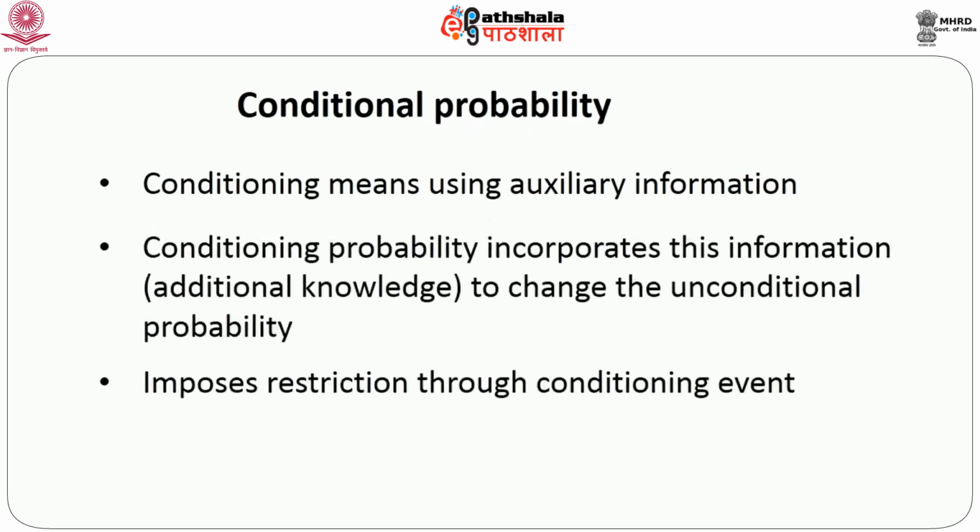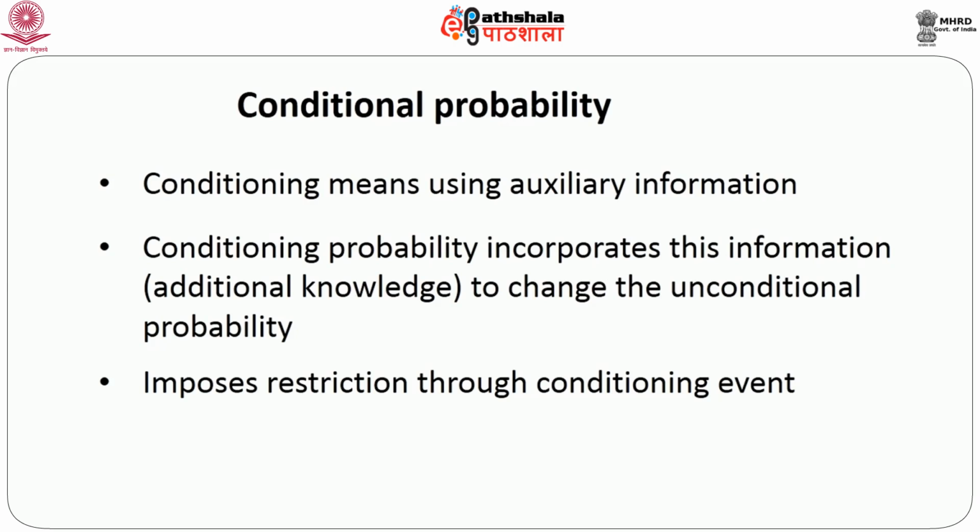So, let us first give an idea of the meaning of conditioning, or conditional probability. Conditioning simply means that we are going to use some auxiliary information. Why should we use auxiliary information? If some information is available and it is related to the event of our interest, we can use that extra information.